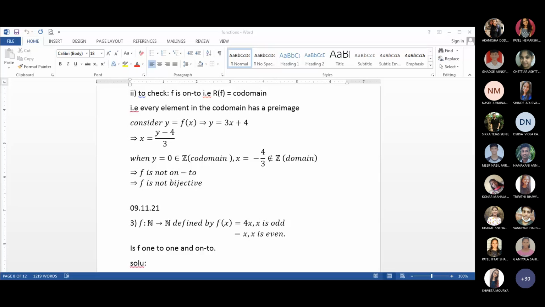Tell me. First sum for the day: f of x is 4x when x is even, f of x is x when x is odd. Is this function 1 to 1? Is this function onto? That is what we are supposed to find out.